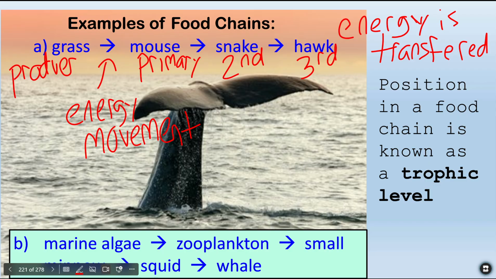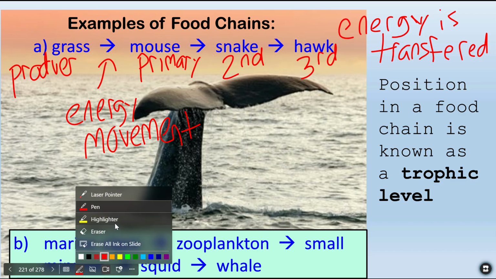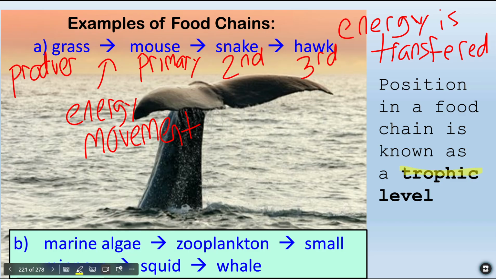As we move through a food chain, for example, from grass all the way over to hawk, your energy amounts are going to drop. Now, whatever position you are in a food chain is what's known as your trophic level. So your trophic level is basically where are you in a food chain? Are you the bottom, the producer? Are you the top, the tertiary or quaternary?